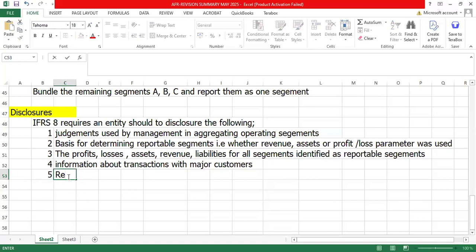You can also bring the reconciliation of your assets, your revenue, your liabilities, etc. of all segments identified as reportable.